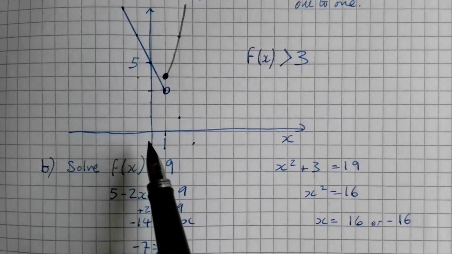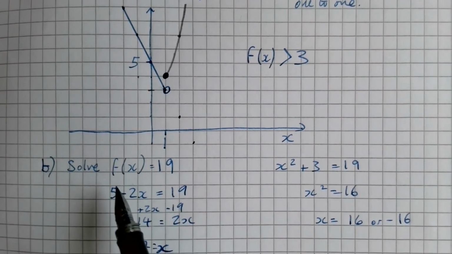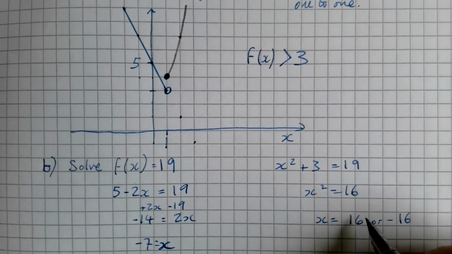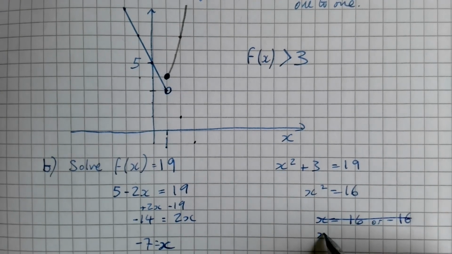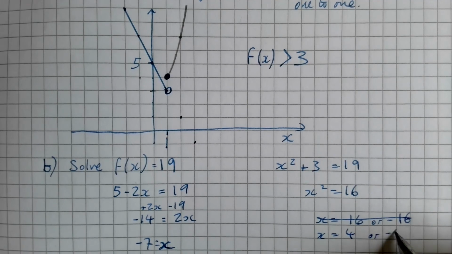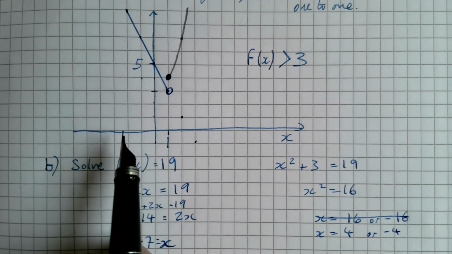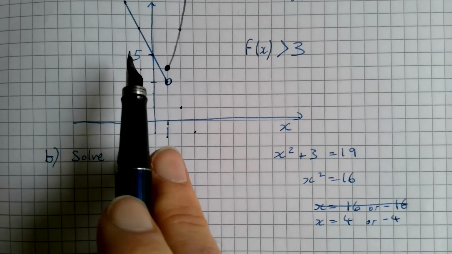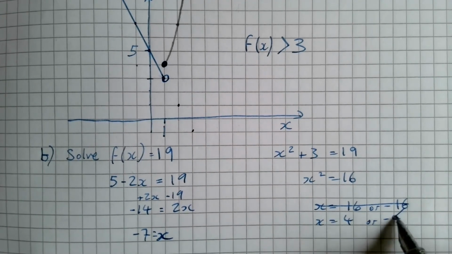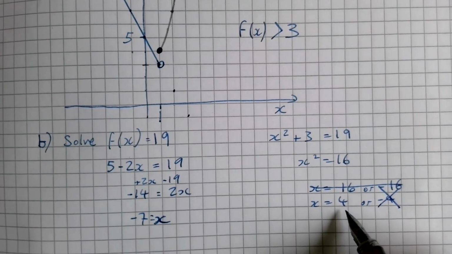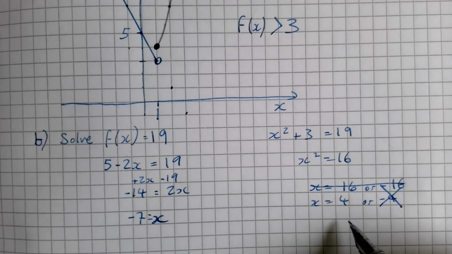Can I get a negative, sorry, not 16, 4, isn't it? Or negative 4. When x is negative 4, we're using the other rule, so that cannot be. So in this instance, we do not want the positive one.